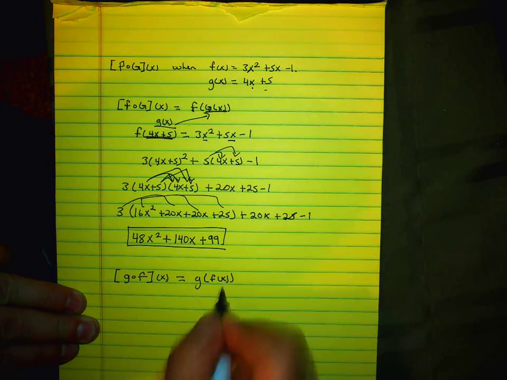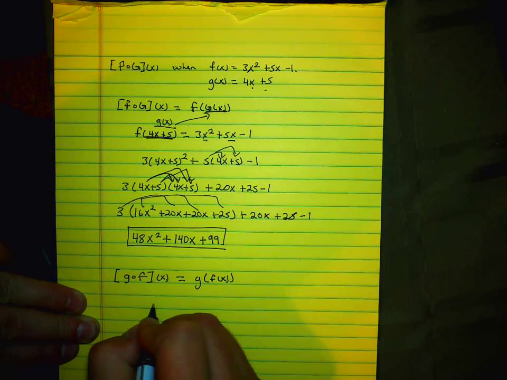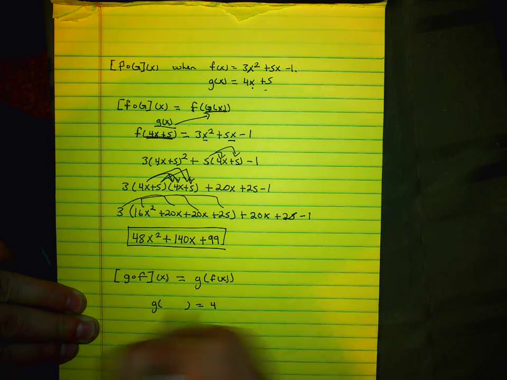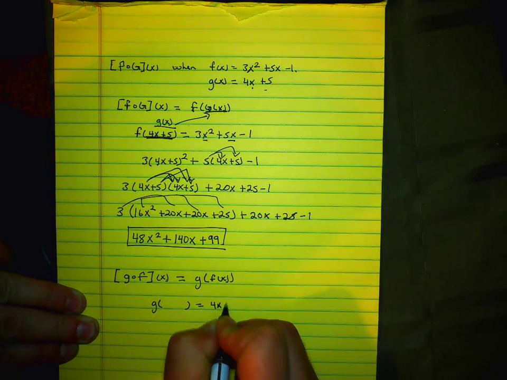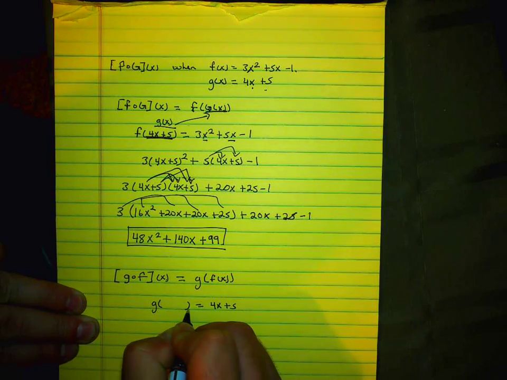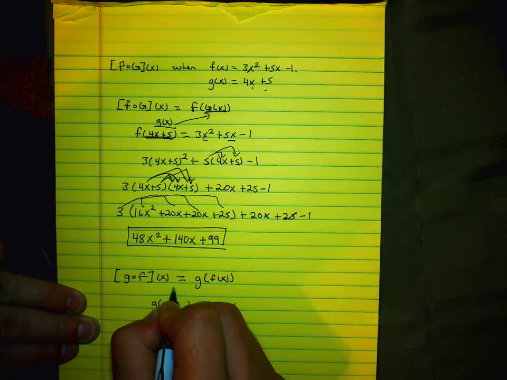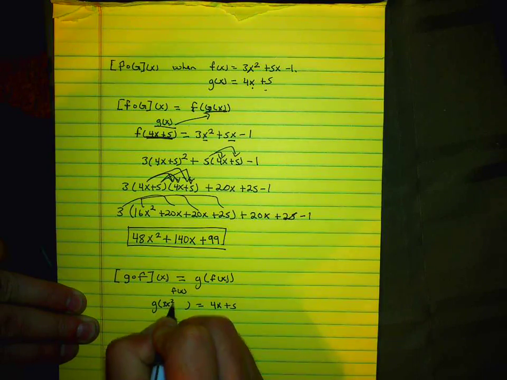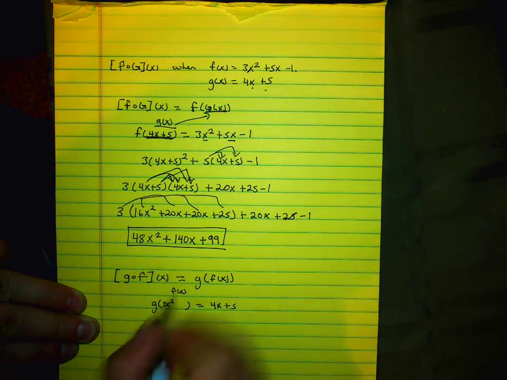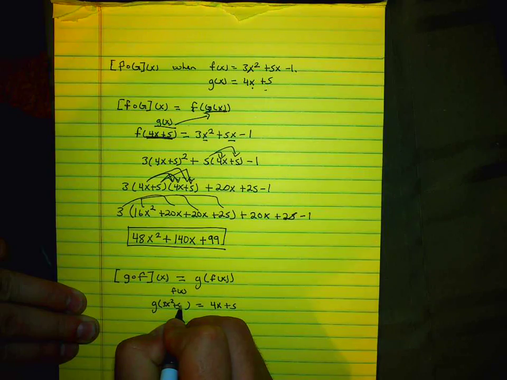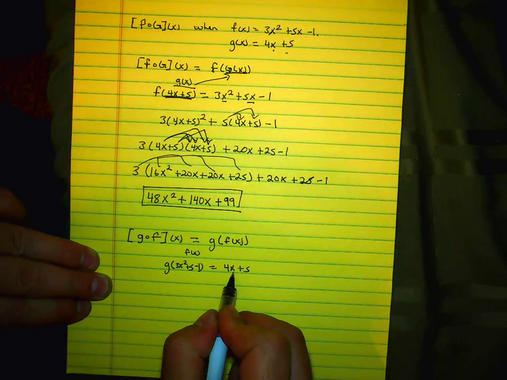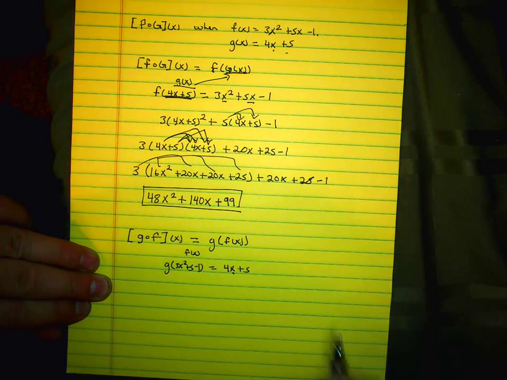So remember, my g problem originally looks like this: 4 times x plus 5. Now what's going to go in here is not x anymore, because this is the function f of x, and the function f of x was 3x squared plus 5x minus 1. So now inside of this parentheses is where that function needs to go.